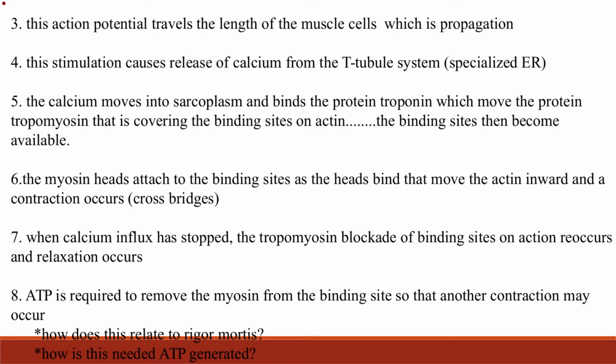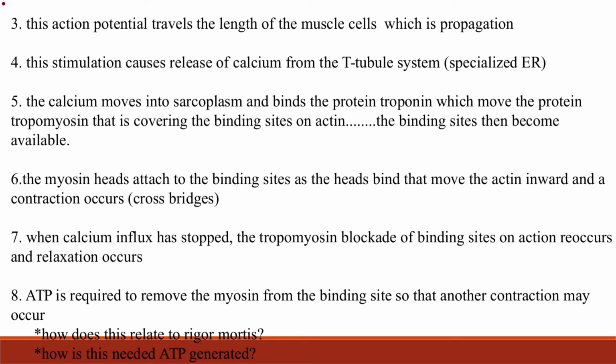And then that stimulation is going to cause the release of calcium from that T-tubule system. That calcium is going to go in and attach to troponin, and that's going to cause the tropomyosin to shift out of the way, and the binding sites are going to be open. The myosin heads are going to attach to those binding sites and bend inward. That causes the contraction.